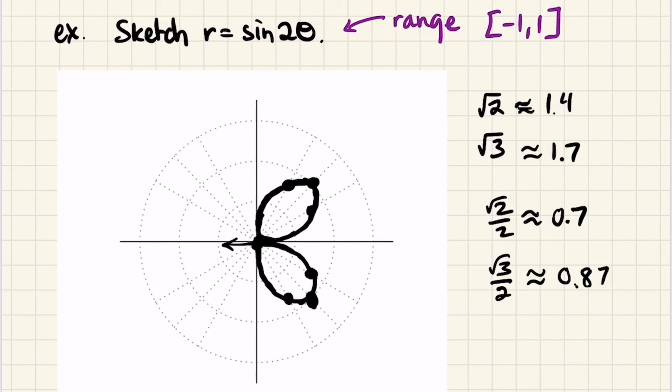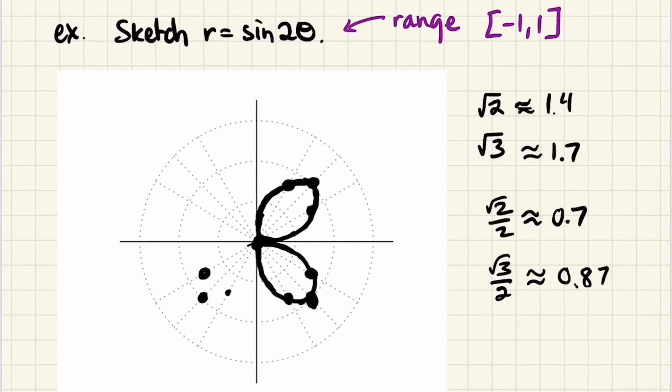Let's continue our quest. So now the next angle here is 7 pi over 6. And that doubles to 7 pi over 3, which is actually a first quadrant angle. Sine of that would be root 3 over 2. So we're here again.